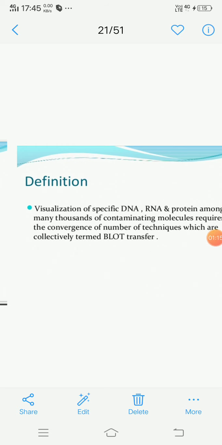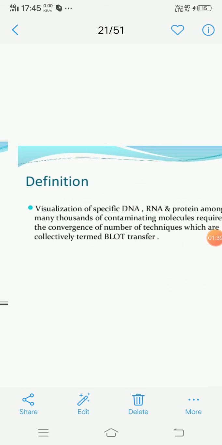During gene expression, that is the conversion of DNA to DNA, DNA to mRNA, mRNA to protein, what are these stages? How are these biomolecules going through these cycles? If we have to detect that, we can use this blotting technique.